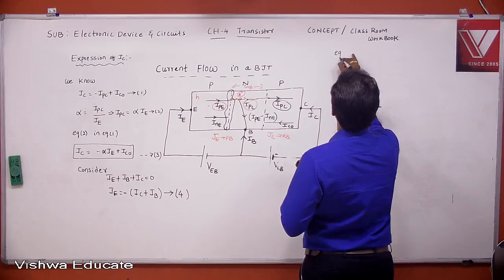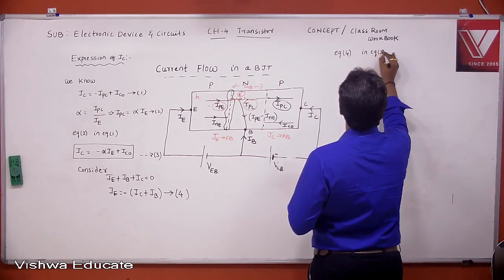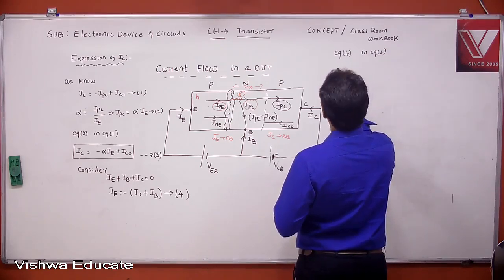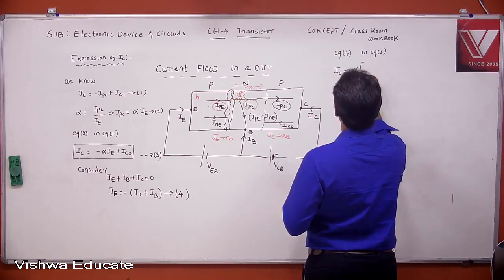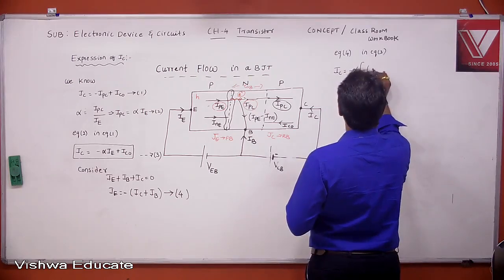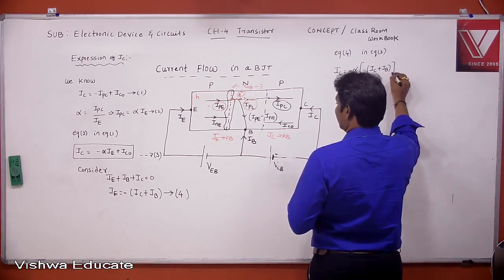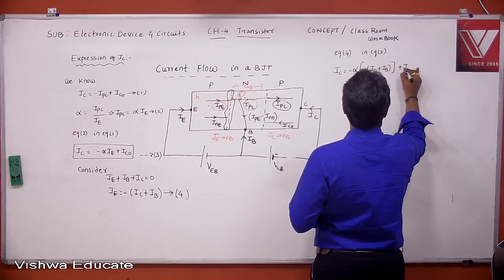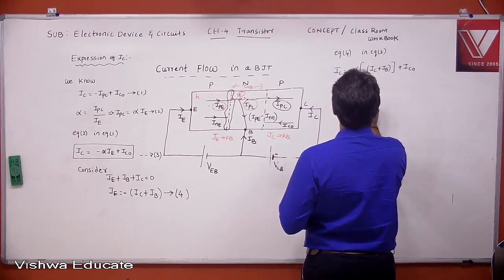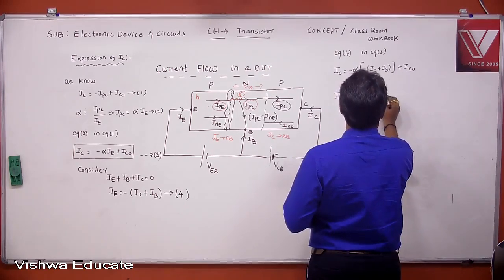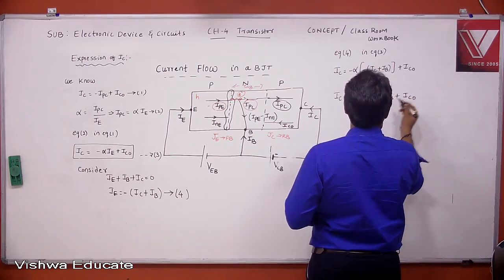Now, substitute equation 4 in equation 3. That is, IC is equal to minus alpha into minus of IC plus IB, plus IC naught. Now IC is equal to alpha into IC plus alpha into IB plus IC naught.